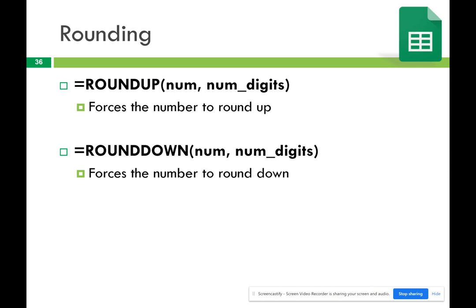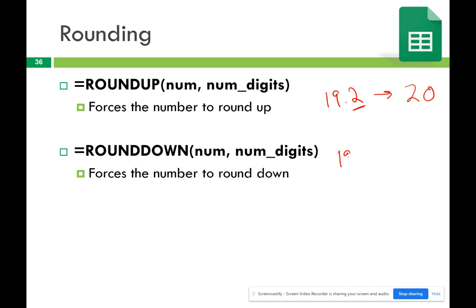So for example, I'll use one of the numbers from the number line here that we just looked at. If I gave you 19.2 and told it round up to the nearest whole number, even though the 0.2 says that this should become 19, this would round up to 20. We'll force it to go up. Same thing here.